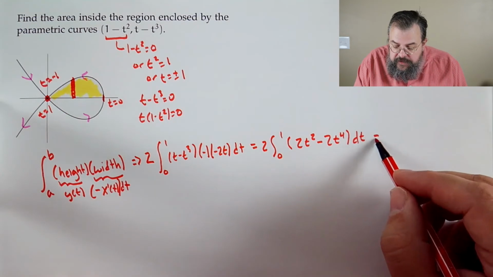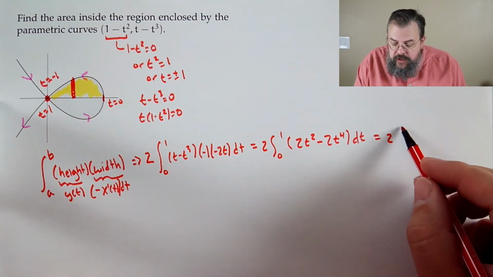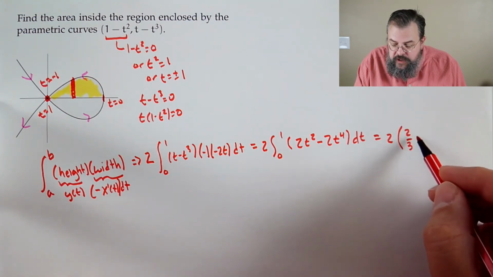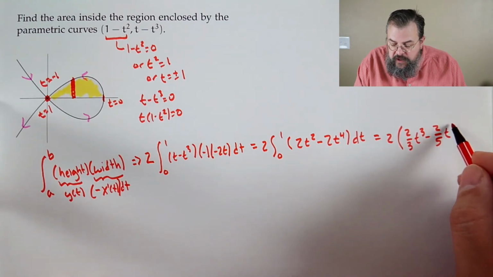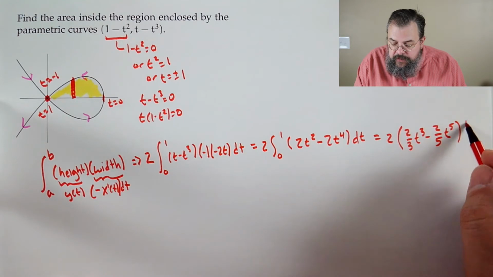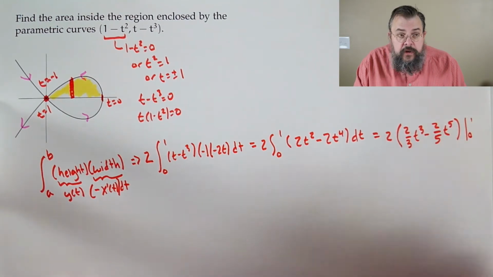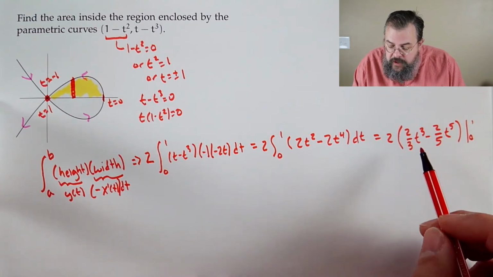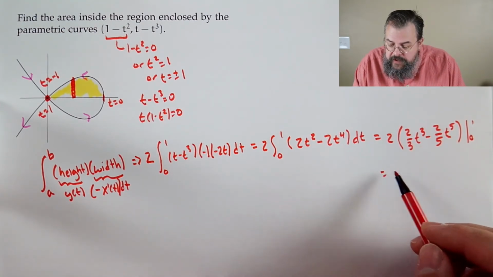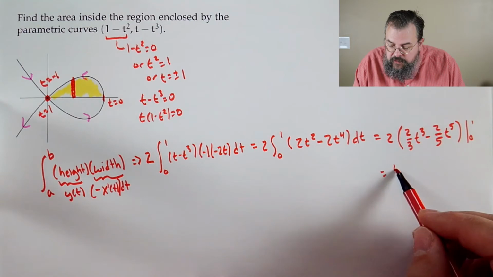And that gives us 2, then we're going to have 2/3 t cubed minus 2/5 t to the fifth. Evaluate from 0 to 1, and that will be what? Well, really, you can say, hey, factor out this 2, that's 4.